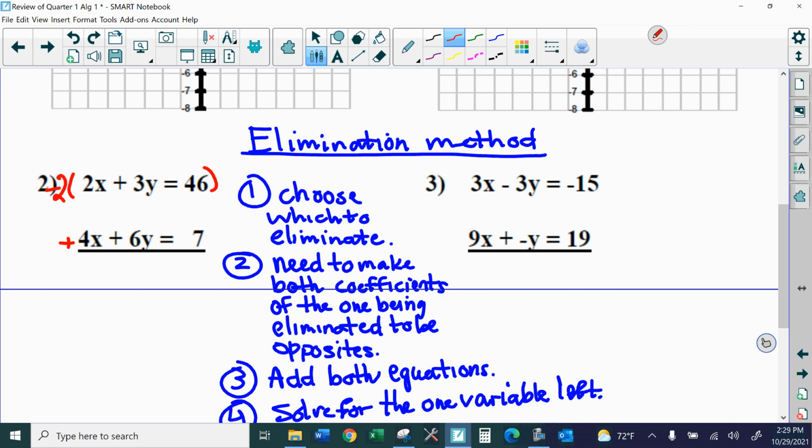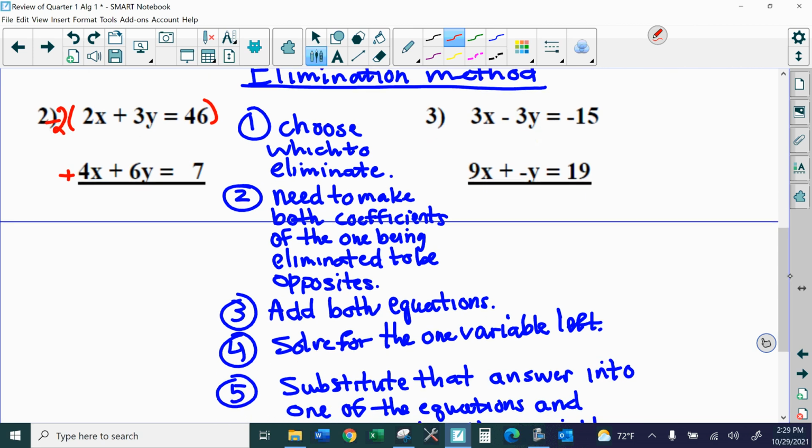I chose to eliminate the x's. Step 2, I need to make the coefficients opposites, one being positive, one being negative. So one's a negative 4x and one's a positive 4x. That was step 2. Then I'm going to add the equations. Some of you would have trouble doing this in your head, distributing and adding to the next equation down.